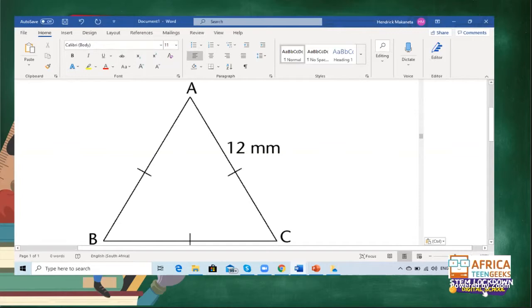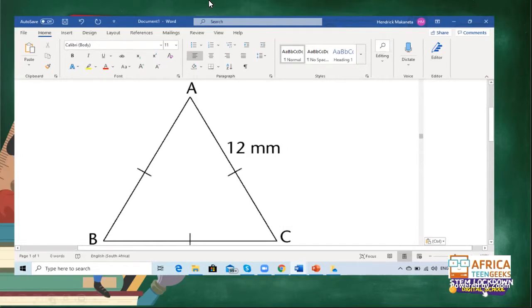Before you calculate the perimeter here, just tell me what type of triangle this is. What is this triangle called? What is the name of this triangle?